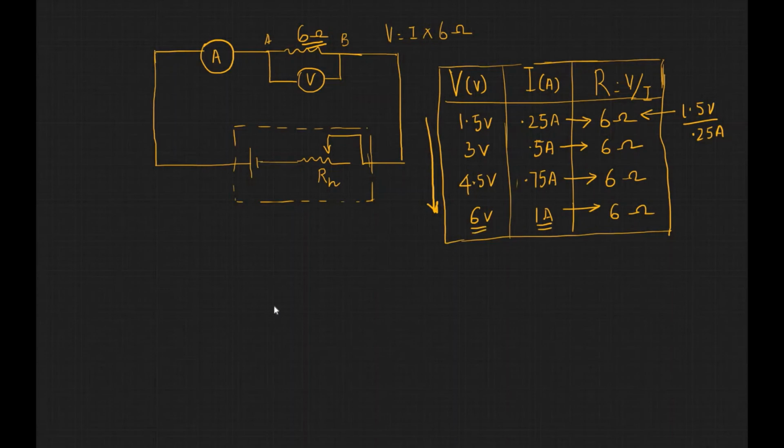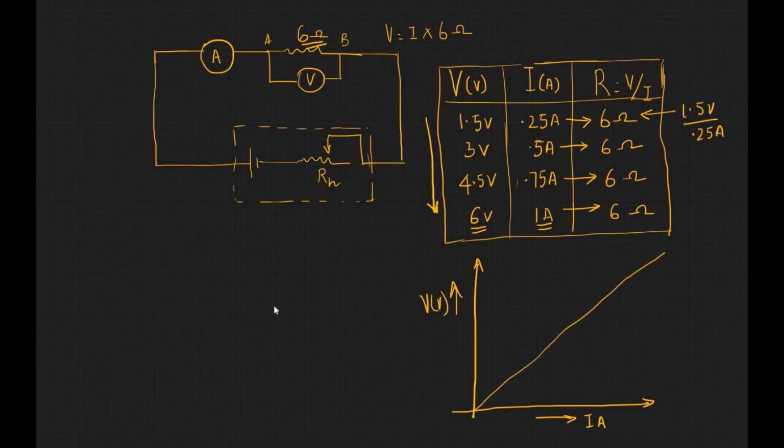So we can draw a VI graph for this particular data. You have V in volts and I in amperes. What you will find is that the VI graph gives you a straight line, and ideally all the points will lie on this line.